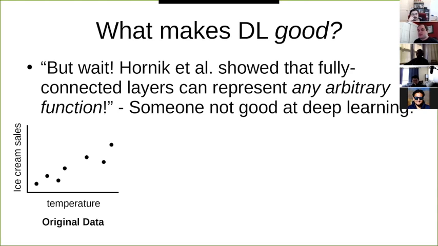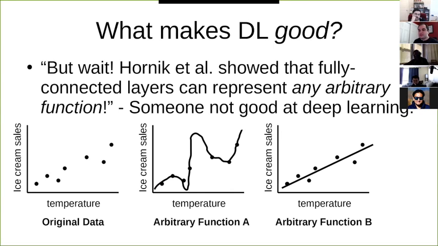To illustrate this, I want to think about a classic data science example. Imagine I have a whole bunch of data that is trying to correlate temperature with ice cream sales, right? In the original data shown here, you can see that temperature is going up, ice cream sales are going up. Makes sense. There's 2 different ways that I could model this function. Here are 2 examples of arbitrary functions. Arbitrary function A hits every data point almost exactly, whereas arbitrary function B has a little higher error.